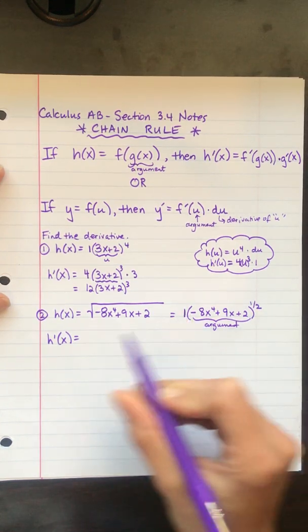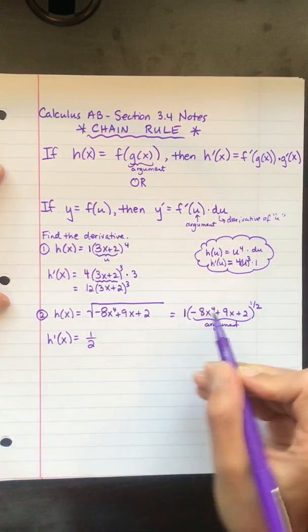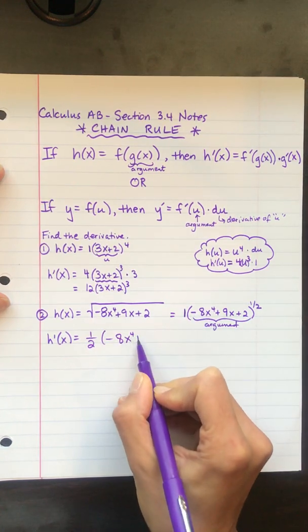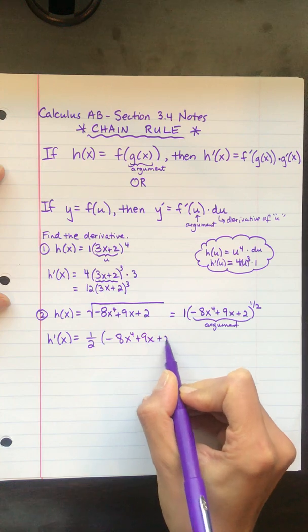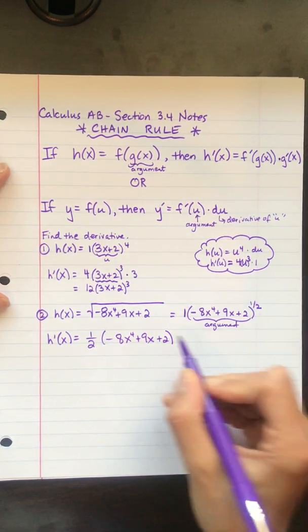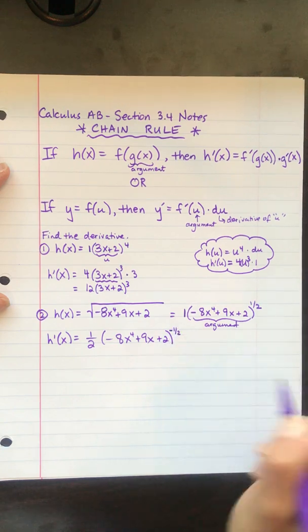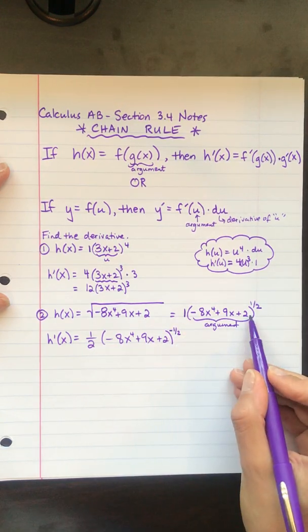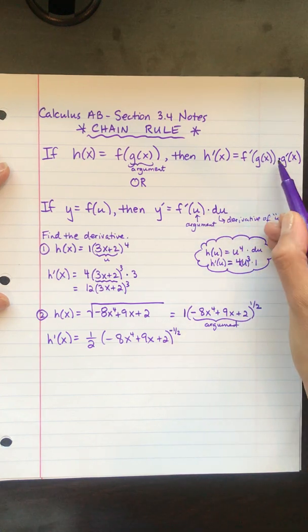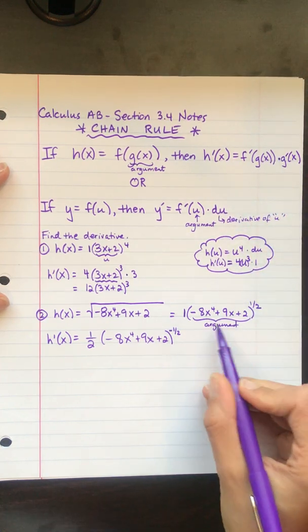So we're going to do the power rule first. 1/2 times 1 is 1/2. We're going to copy the argument. We're going to minus 1 to this degree. What's 1/2 minus 1? Okay, we just finished the power rule portion of it. Now we're going to do times the derivative of the inside argument.